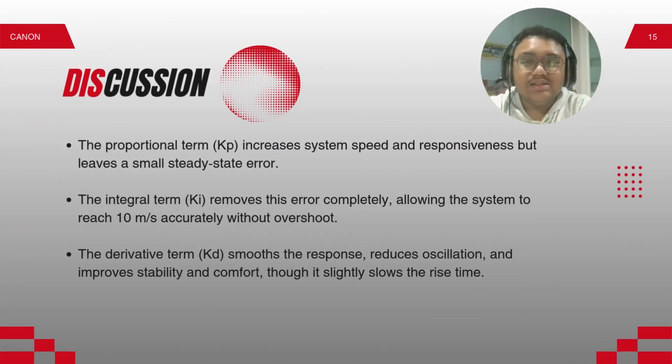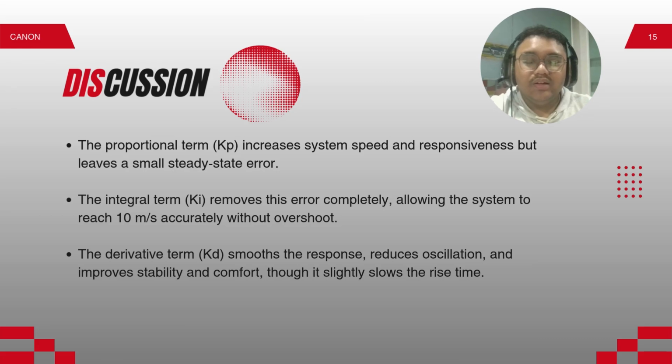Next, I will discuss how each term in the PID controller affects the system. First, the proportional term KP increase the system speed and overall responsiveness. However, when only KP is used, it still leaves a small steady state error. So the system become faster but not fully correct.